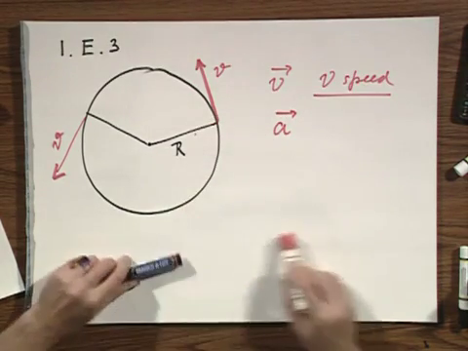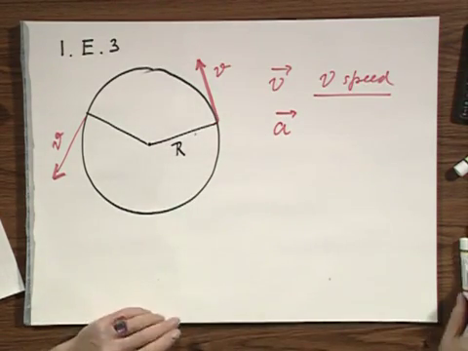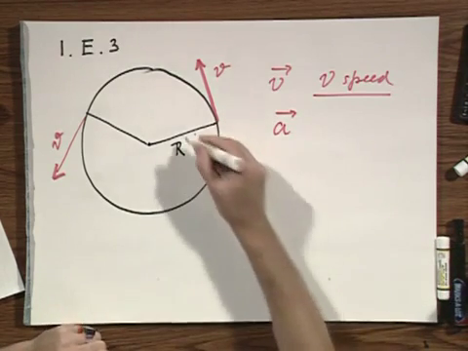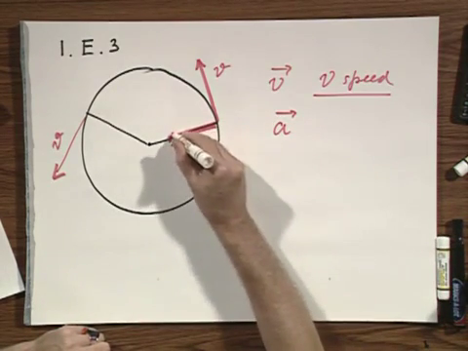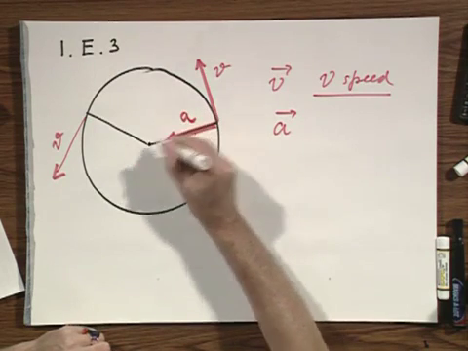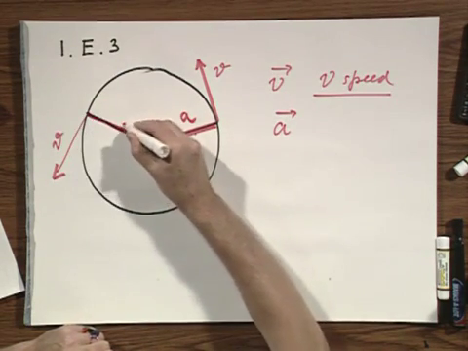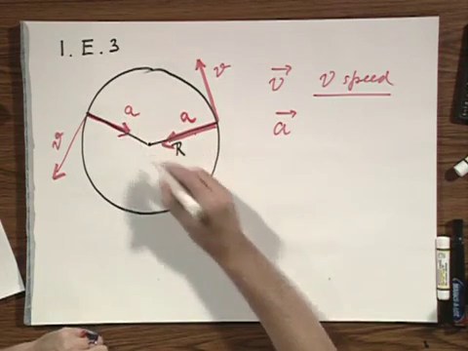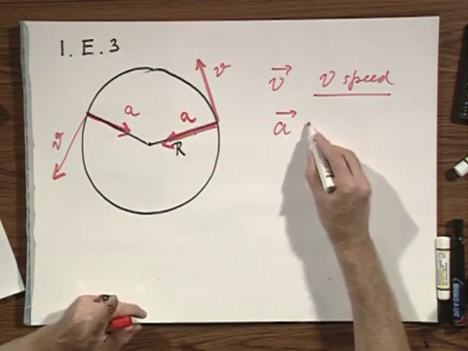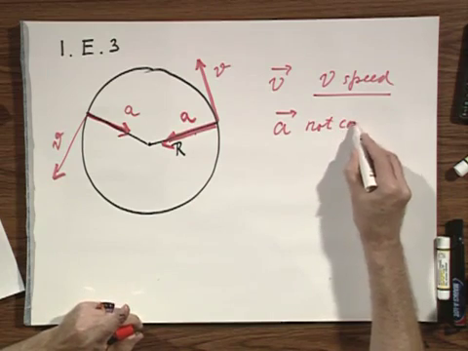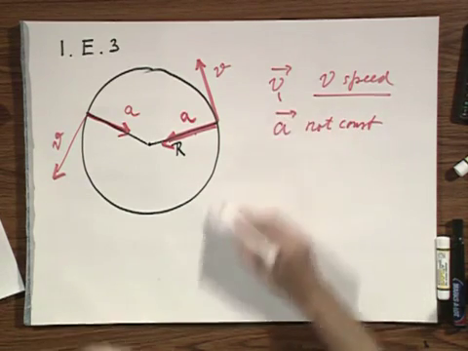In this situation, which I will give you without proof, the acceleration is always pointed towards the center. That's why we call it centripetal acceleration. It's therefore also changing. A itself is not constant, and v is not constant.